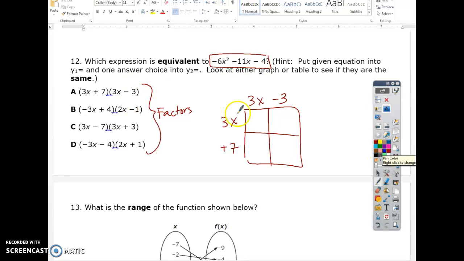Well, this one's not going to work because positive 3x times positive 3x is a positive 9x squared. And this says negative 6x squared. So that's not going to work. And this one's also not going to work because it's 3 and 3. So let's use some other numbers.